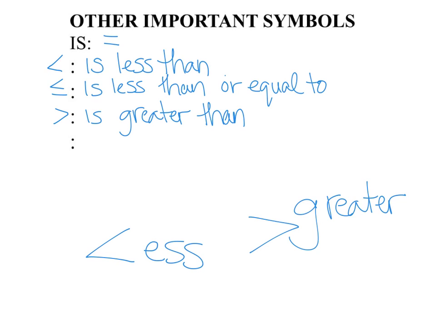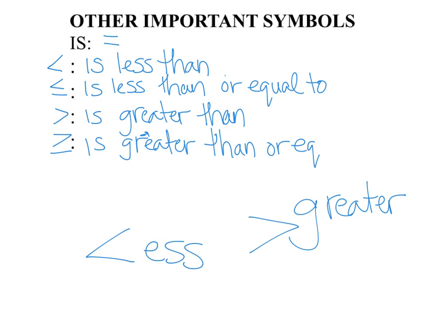And to end it off, greater than with a line underneath it is greater than or equal to. So notice that the word "is" has been written for all of these. Is greater than or equal to.